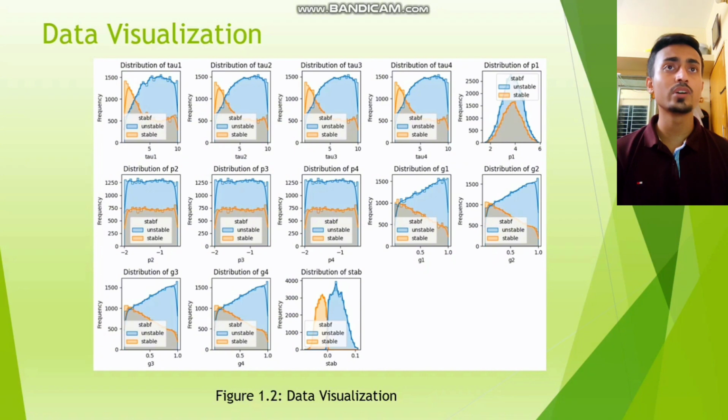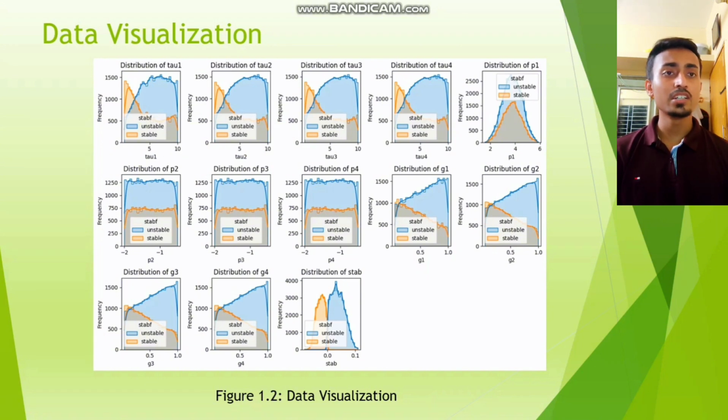So this is the data visualization. The image shows the data distribution where the y-axis represents the frequency and the x-axis represents the parameters that vary accordingly as displayed. Here the blue line represents the unstable class and the orange line represents the stable class. For tau and p parameters, we have seen that the distributions overlap significantly.